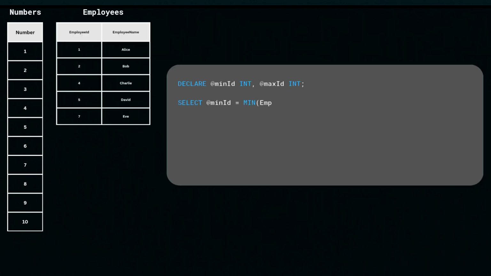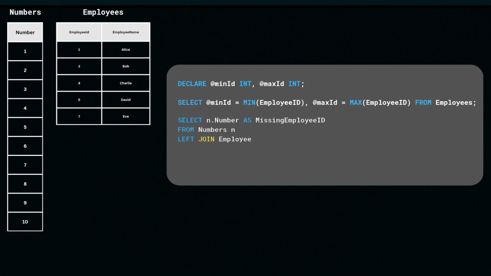Now, for simplicity, we will declare two variables called max ID and min ID and assign the current maximum and minimum employee IDs that are present in the employee table. Now, we will consider the numbers table as the left table and the employee table as the right table for our join. We will apply a left join for the numbers between min ID and max ID.